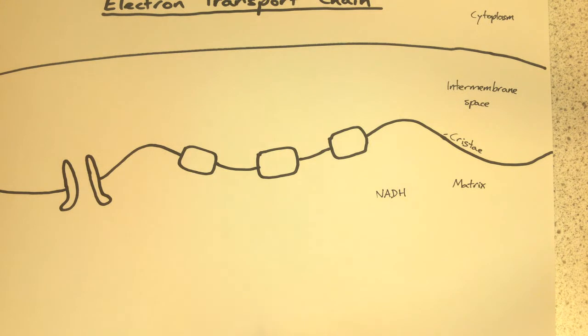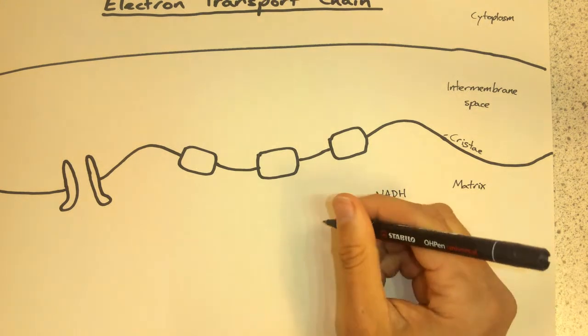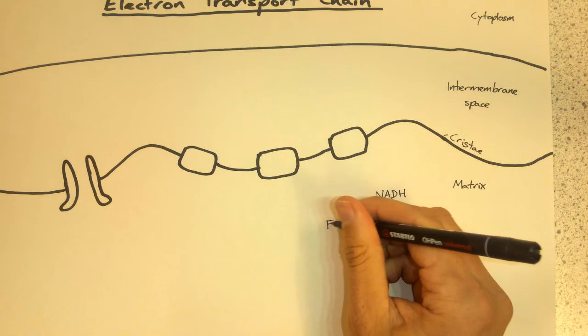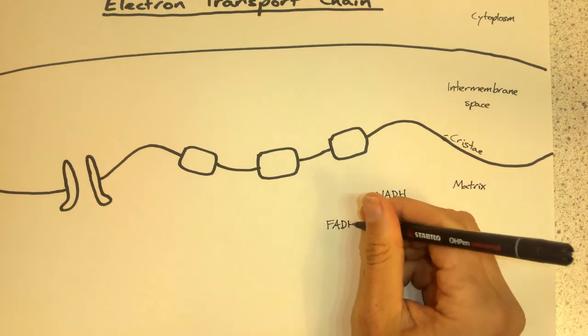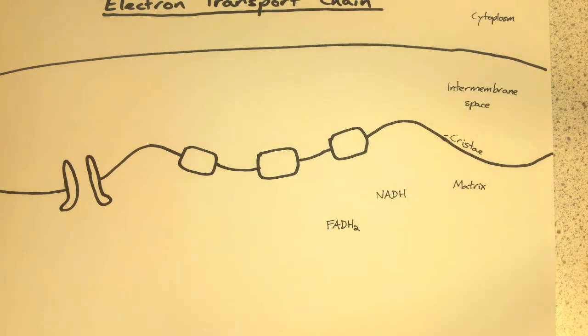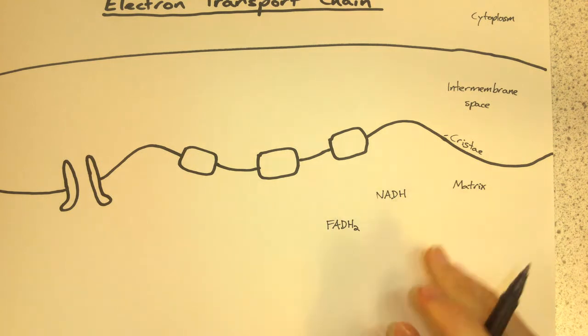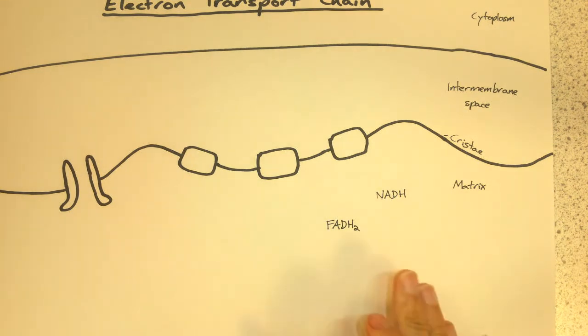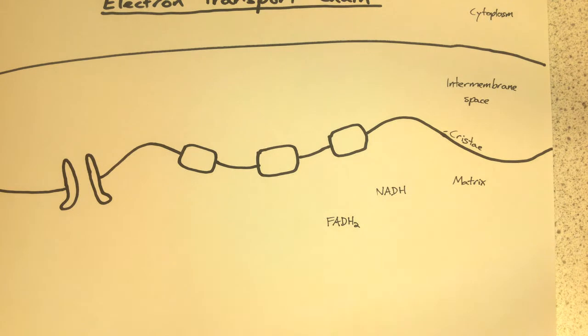Krebs cycle also produced the high energy electron carrier FADH2, or reduced FAD. These high energy electron carriers are going to provide the energy needed to drive oxidative phosphorylation.